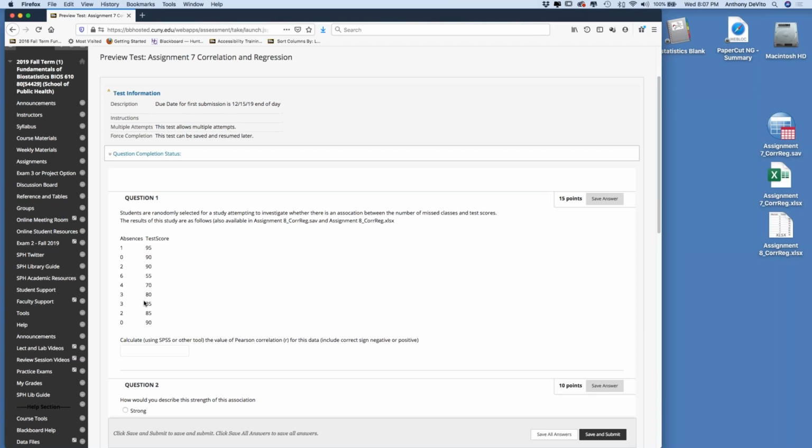We assume, okay, let's see if there's an association between these two, and it might be real, it might not be. For instance, maybe I would want to look to see if there's an association between a person's age and their test score. Well, I don't think a person's age is likely to affect their test score in this course, right?